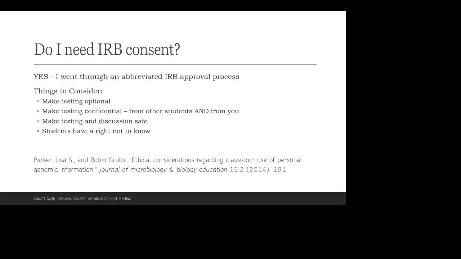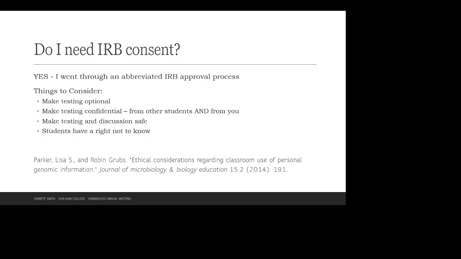These things to consider and other ethical considerations can be found in the citation at the bottom of the page here, which I highly recommend you go through and read while you're putting together your IRB approval form. So that's a really good link. So yes, you need IRB consent, but you may not have to go through the full process.